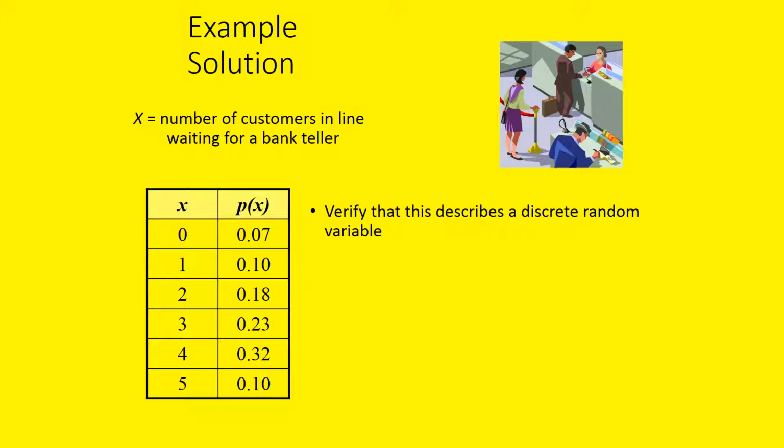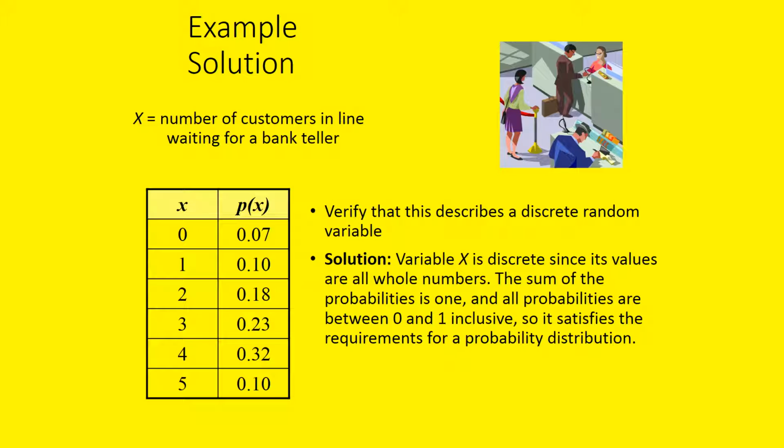All the values of X are actual numbers of customers that can wait in a line for a bank teller. The values are all whole numbers, which by itself doesn't make it discrete. It's not necessary and sufficient to be discrete that you have all whole numbers.